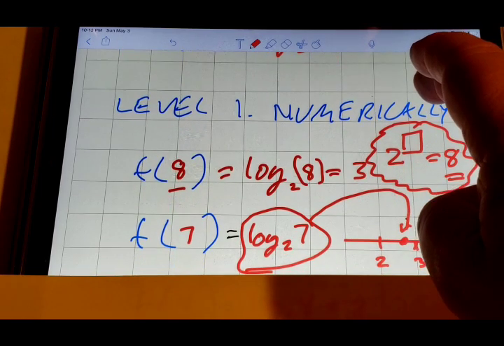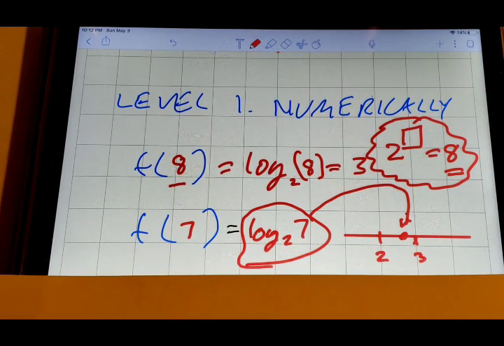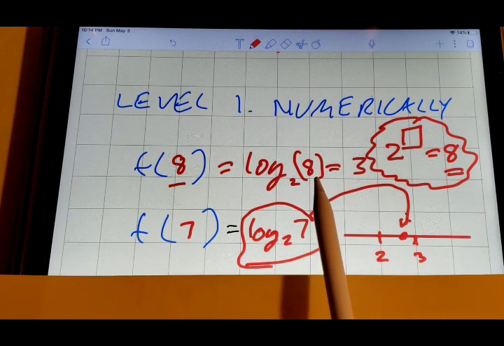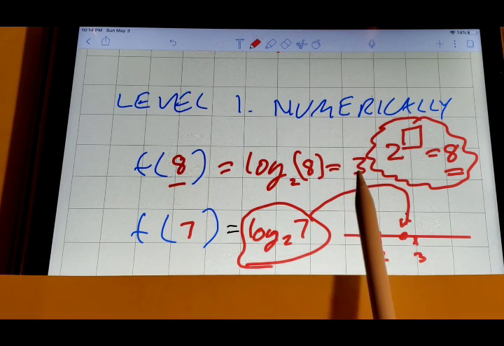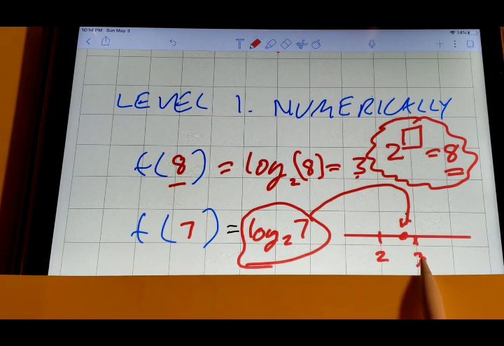So I picked 7 here, and a little illustration here is saying log base 2 of 7 is a real number. It's an actual number. It's between 2 and 3. It's a little less than 3 because log base 2 of 8 was 3. So log base 2 of 7, a little bit less.